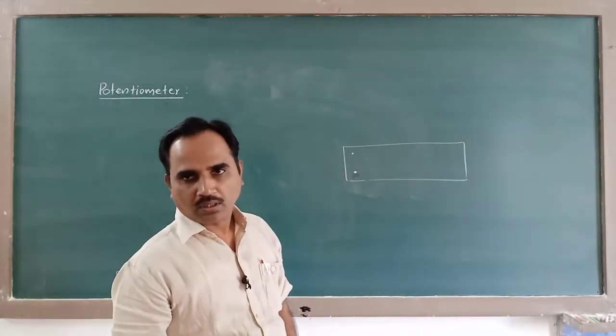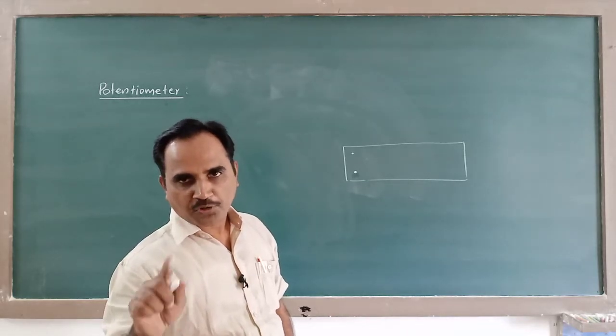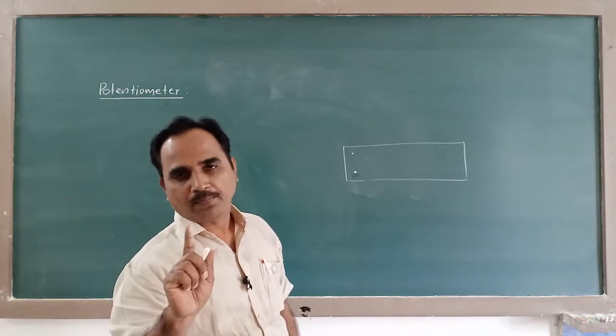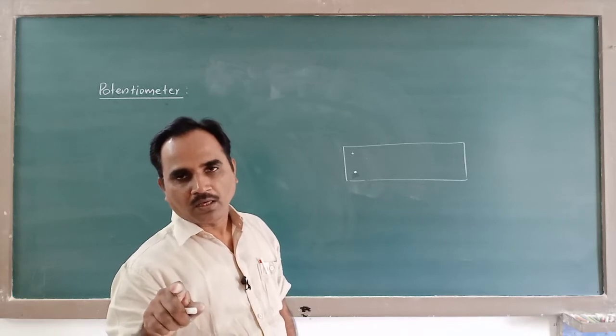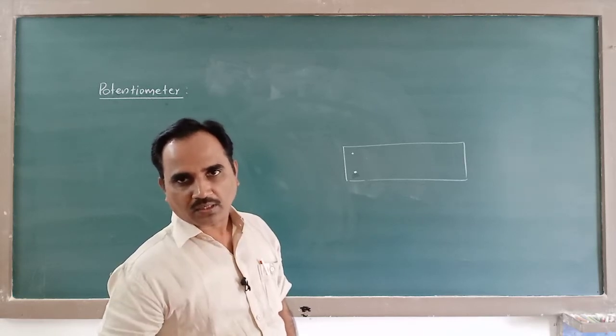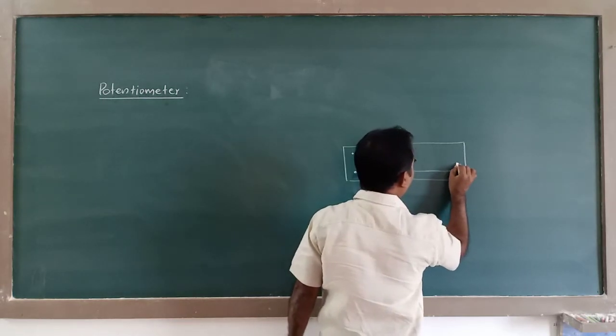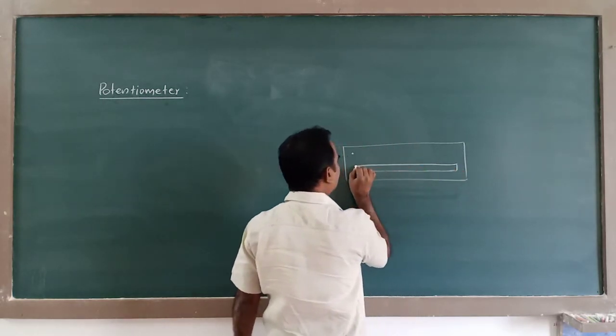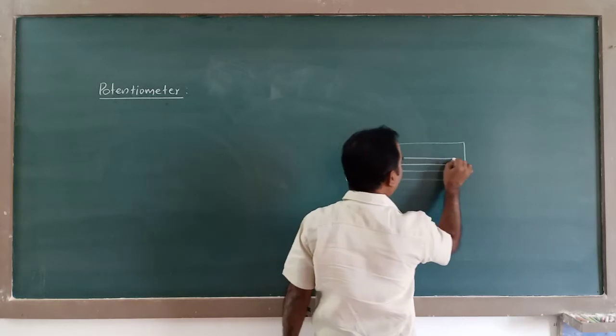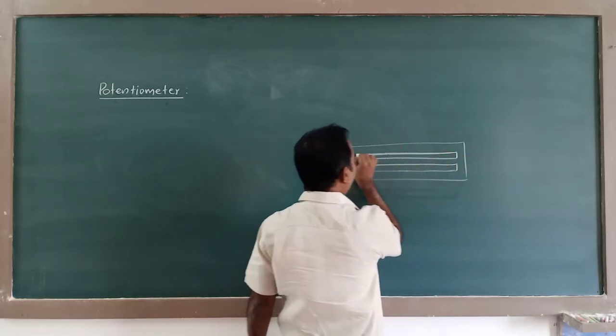For example, in our laboratory, the potentiometer has a wire of length 4 meter. From here to here it is 1 meter, then 2 meters, then 3 meters, and here to here it is 4 meters.